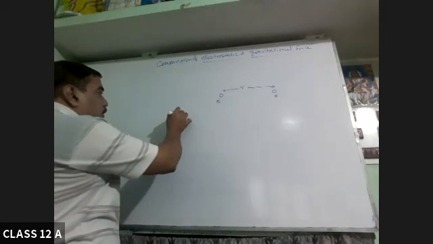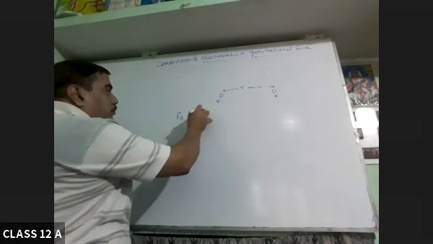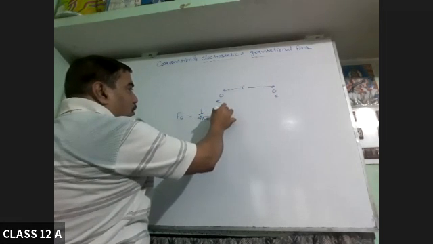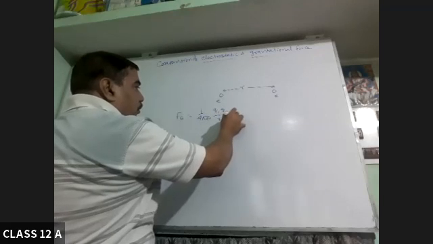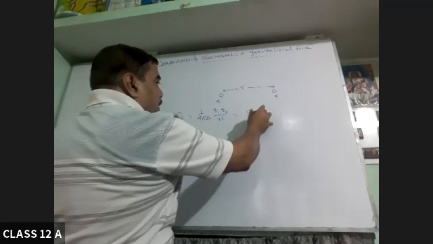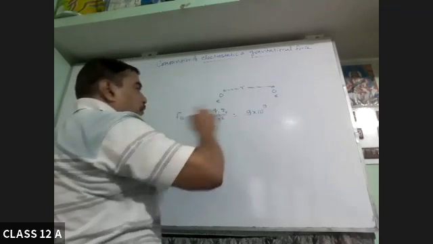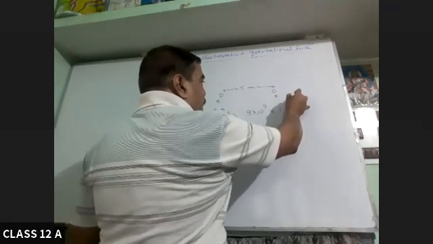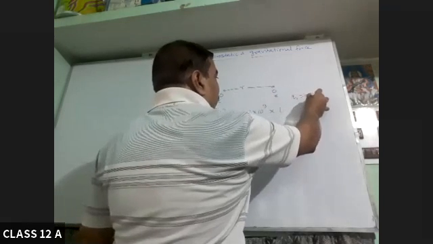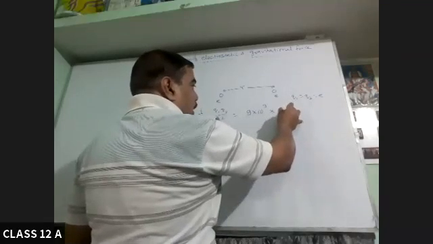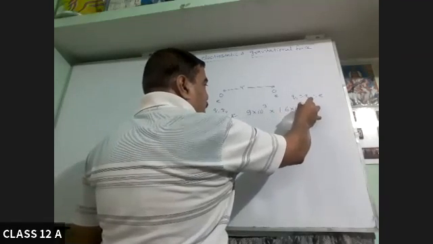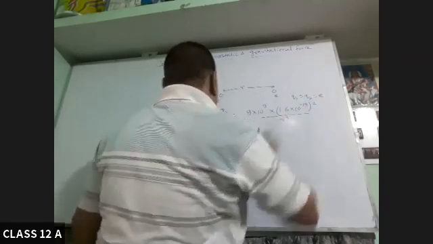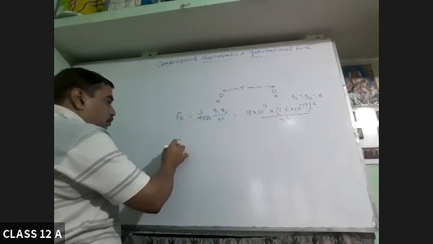In this case, the electrostatic force will be 1 by 4 pi epsilon naught Q1 Q2 over r square, that is 9 into 10 to the power 9, with the charge of electron, Q1 and Q2 both are e, 1.6 into 10 to the power minus 19, by r square. Now what is the gravitational force?